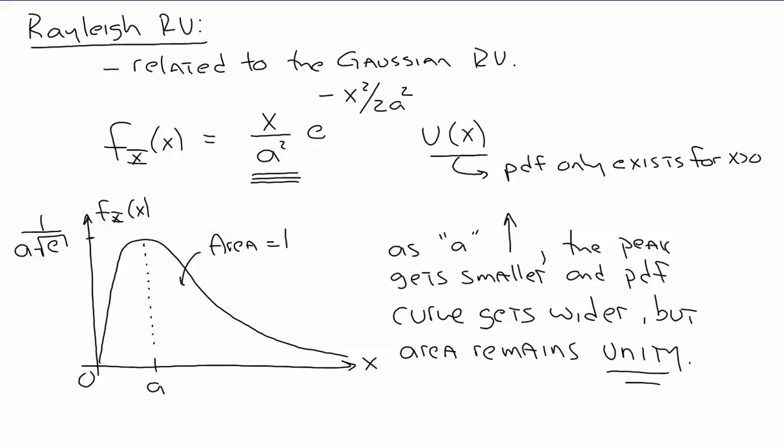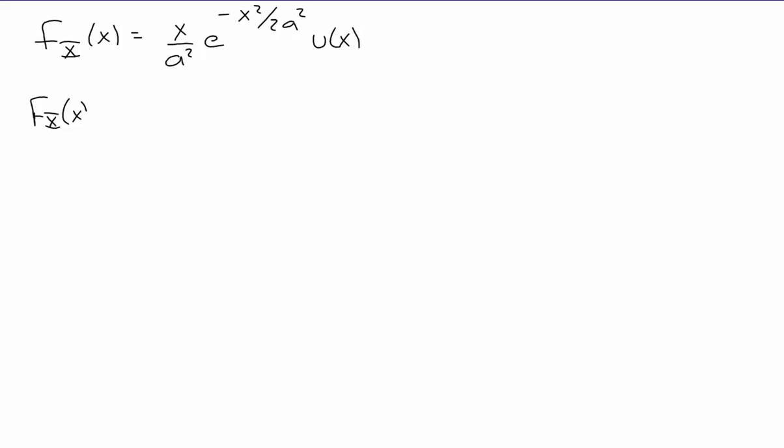Okay, what about the cumulative distribution function for the Rayleigh? Remind ourselves that the PDF is x over a squared e to the minus x squared over 2a squared u of x. And my cumulative distribution function is the indefinite integral of my PDF.